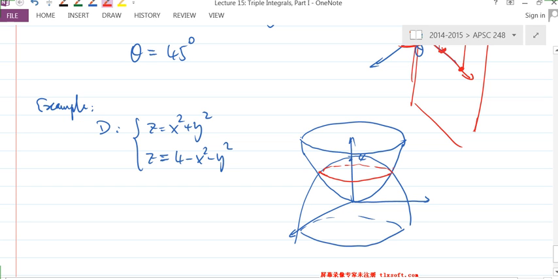And I can tell you this is going to be a very ugly integral if you use Cartesian coordinates. This is why we're going to try cylindrical coordinates. Since I'm running out of time, I'll leave it to the next lecture. Any questions? All good?